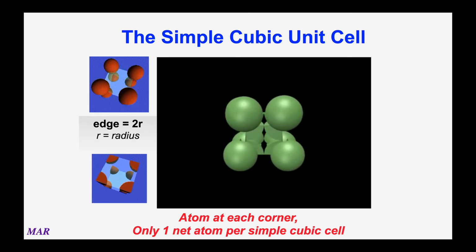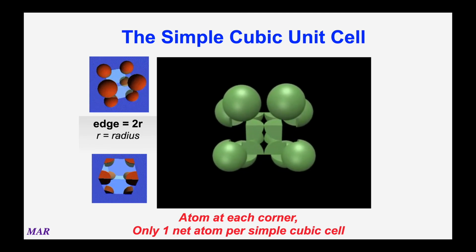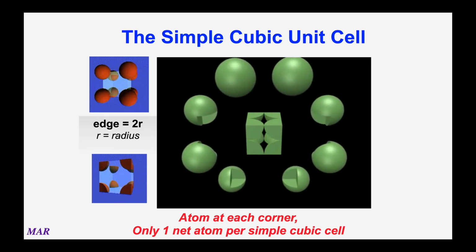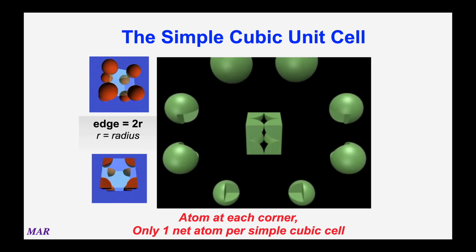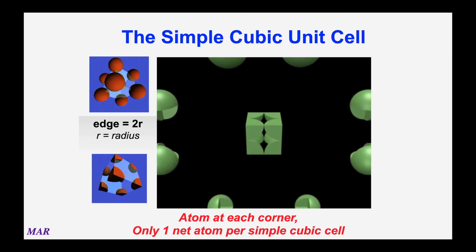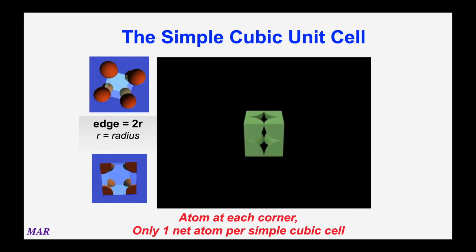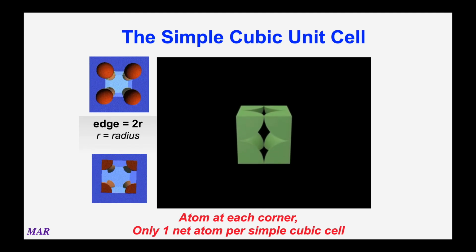So here's the simple cubic unit cell. And you can see in the animation on the right, it's like you're taking a chainsaw and cutting off the parts that aren't in the unit cell. And so for each of those corner atoms, 1/8 is left in the cell, and the other 7/8 were essentially shaved.